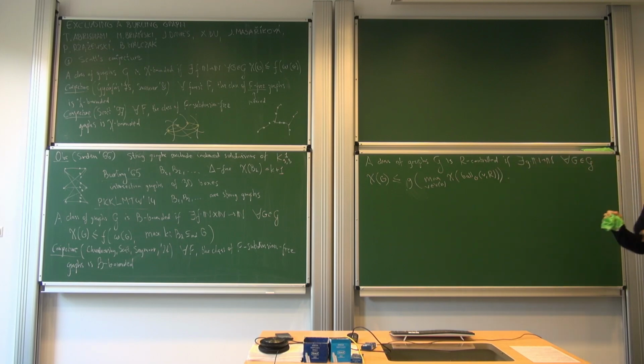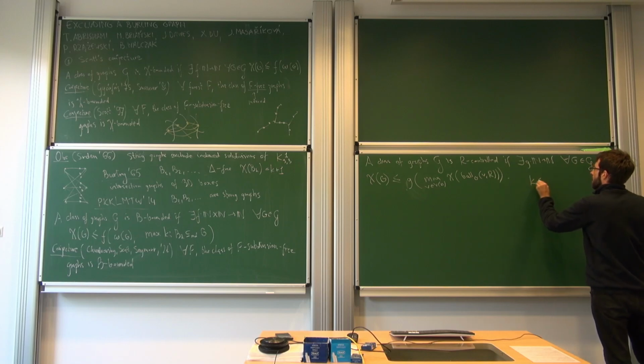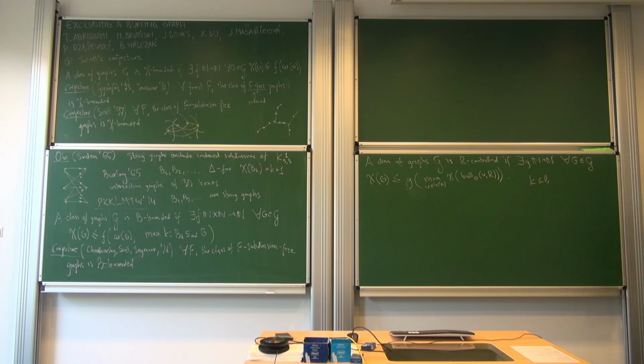Maybe let me digress for a moment and show you why this bounded size is something that can be considered interesting. There is a well-known open problem in computational complexity theory, which is called chromatic number approximation. This is a promise problem. We are given two parameters, k and l, with the property that k is less than l.